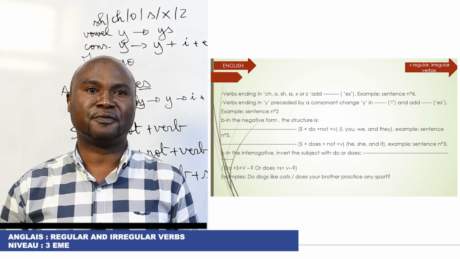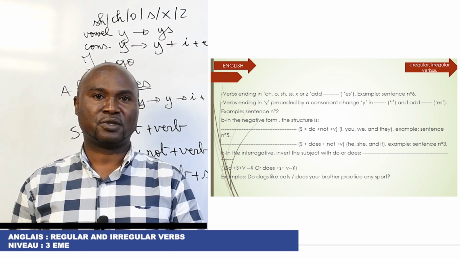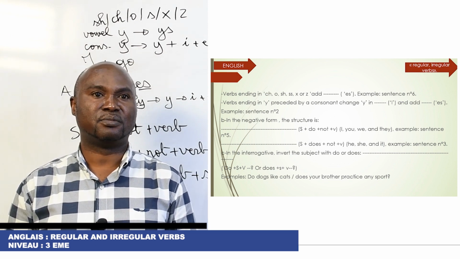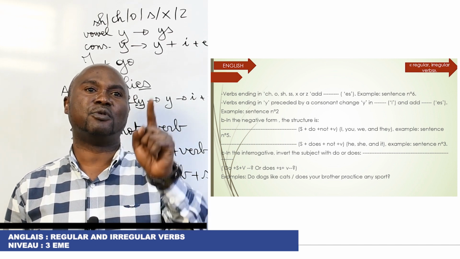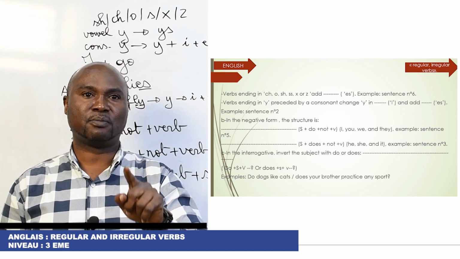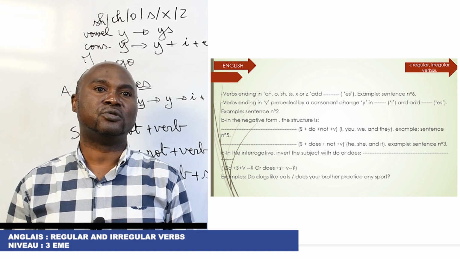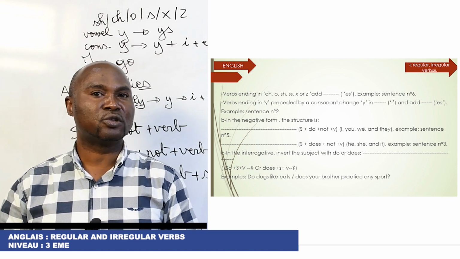In the interrogative form, we invert the subject with do or does. Example: do plus subject plus verb, and then we put a question mark at the end. Or does plus the subject plus the verb, and a question mark at the end. Examples: do dogs like cats? Does your brother practice any sport?